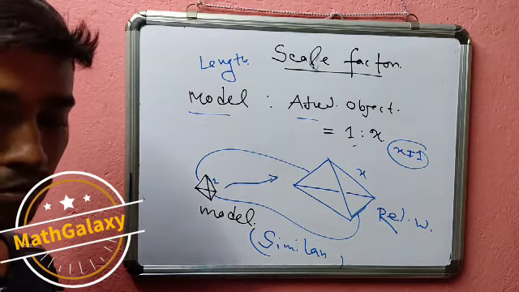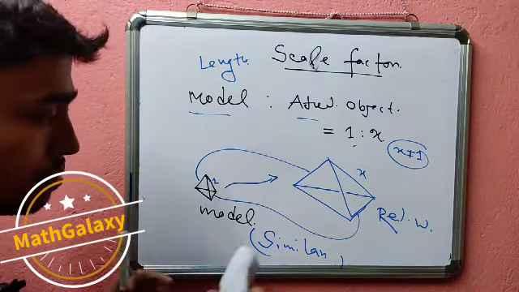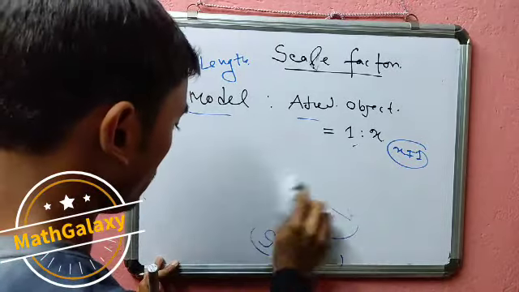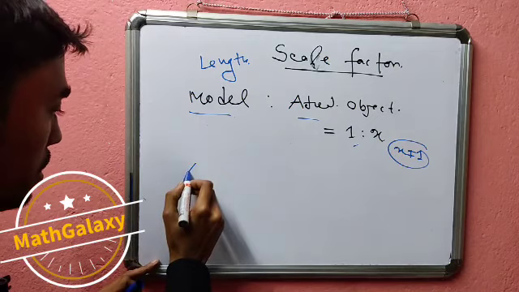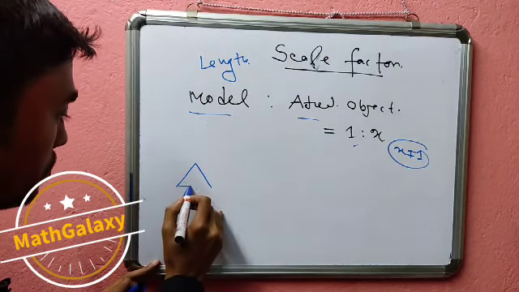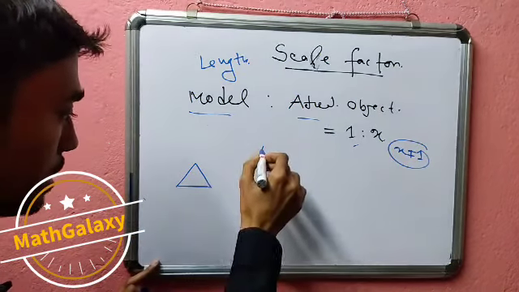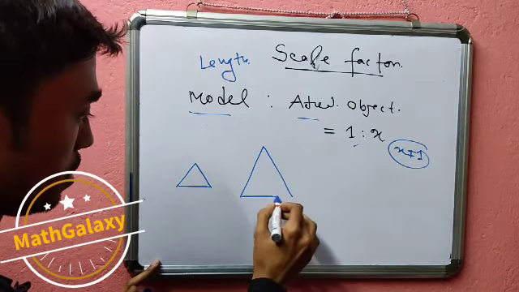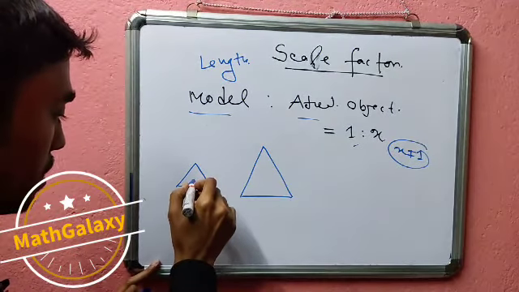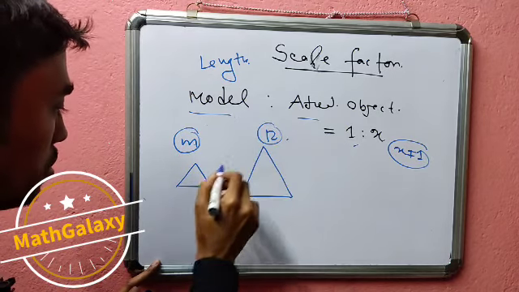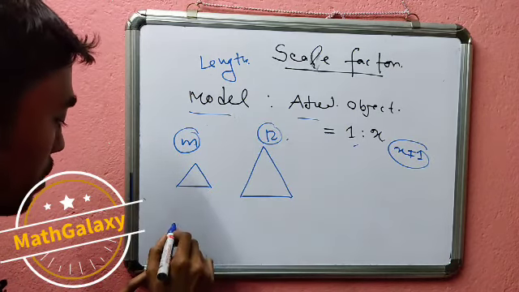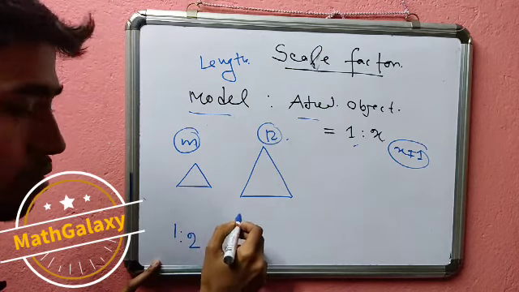And now there is a beautiful thing, which is this. Let's imagine that there is a triangle, and there is the actual triangle. Now imagine that this is model M and this is the real image. Let's imagine that the scale factor is 1 is to 2. Just imagine.